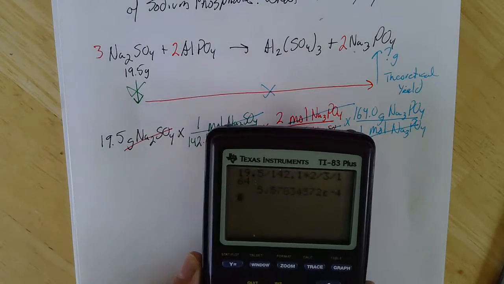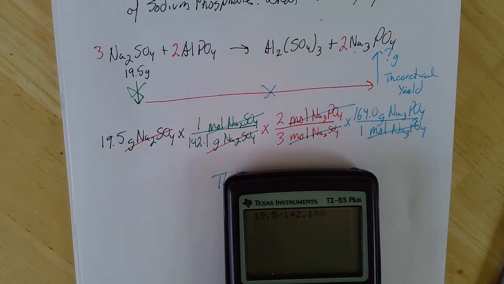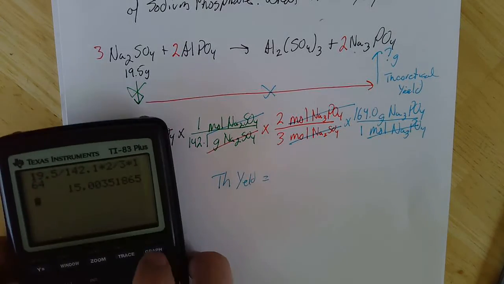That is not right. Let's try that again. 19.5 divided by 142.1 times 2 divided by 3 times 164. There we go. That looks a lot better.